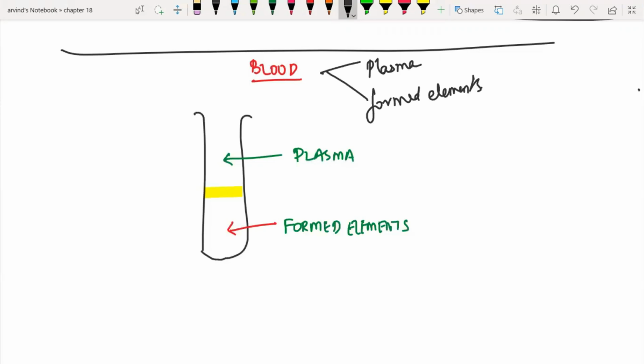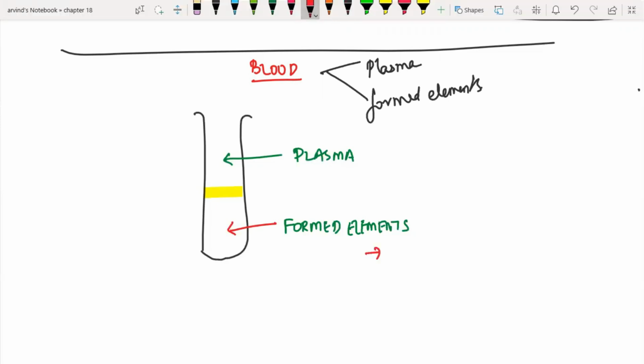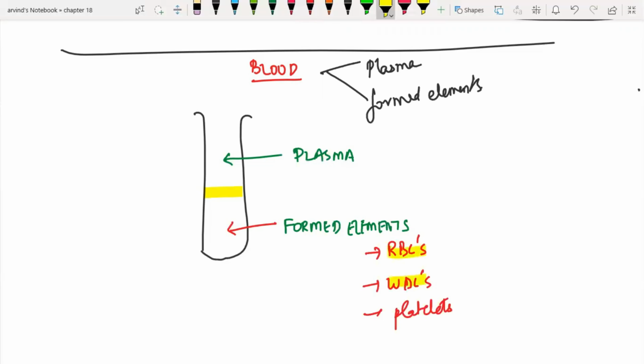Formed elements, in turn, if you ask me the list of formed elements, it is RBCs, WBCs, and platelets. All these are some basic information you all know. So I do not want to bore you with explaining this again and again. It contains three components. And plasma contains lots of electrolytes.